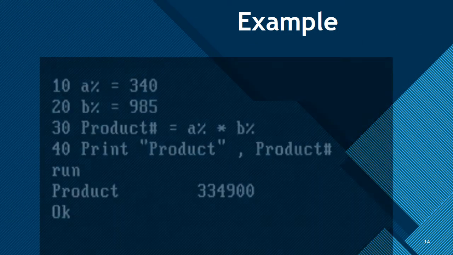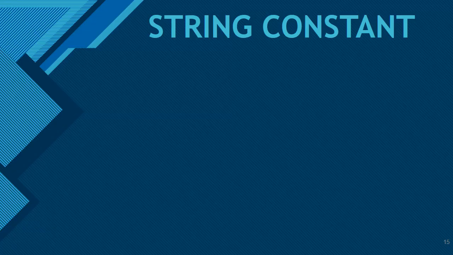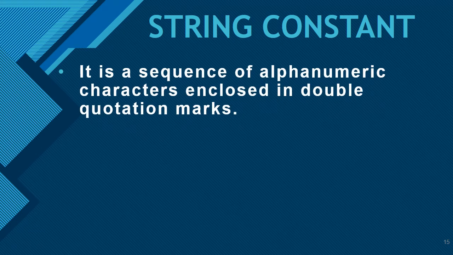You have just seen this example in which we have stored two numeric constants in two numeric variables, and their product is also saved in a numeric variable because it's also a number. A string constant is a sequence of alphanumeric characters.